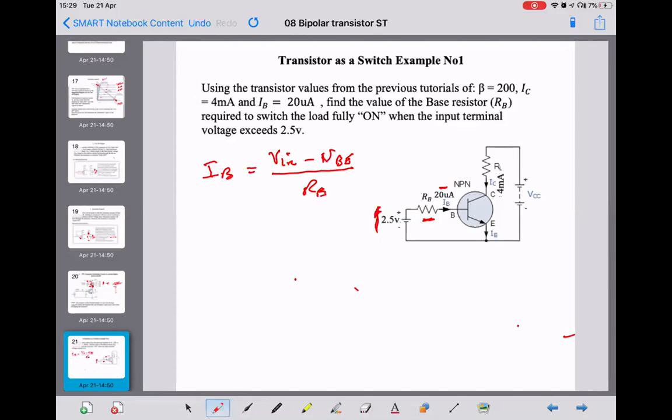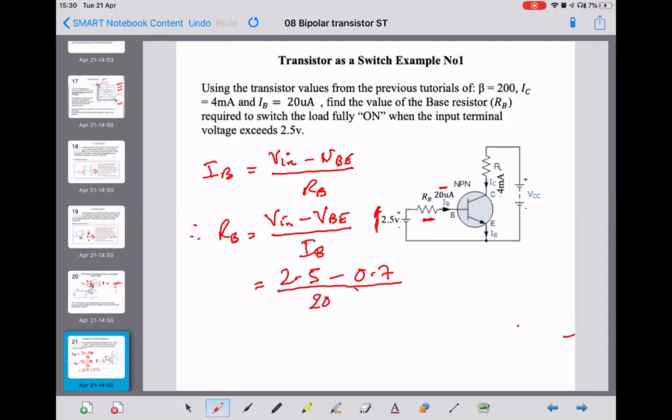So therefore we can say RB is V in minus VBE over IB, rearranging that formula. So that's what you said, Diamond, 2.5, take away 0.7 for a silicon transistor, divided by 20 times 10 to the minus 6.